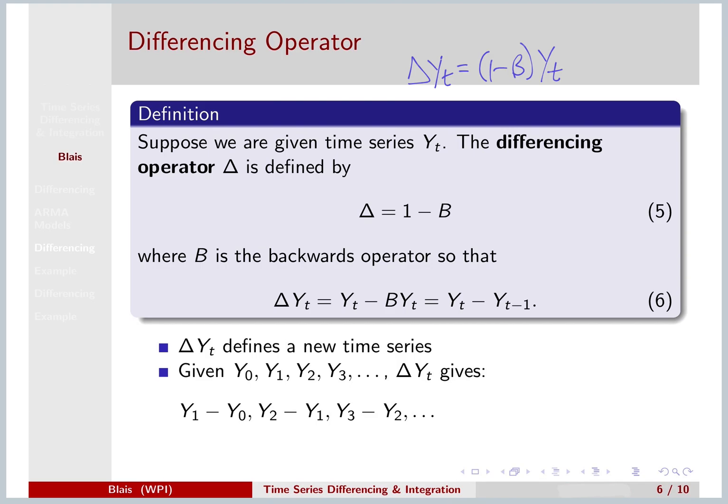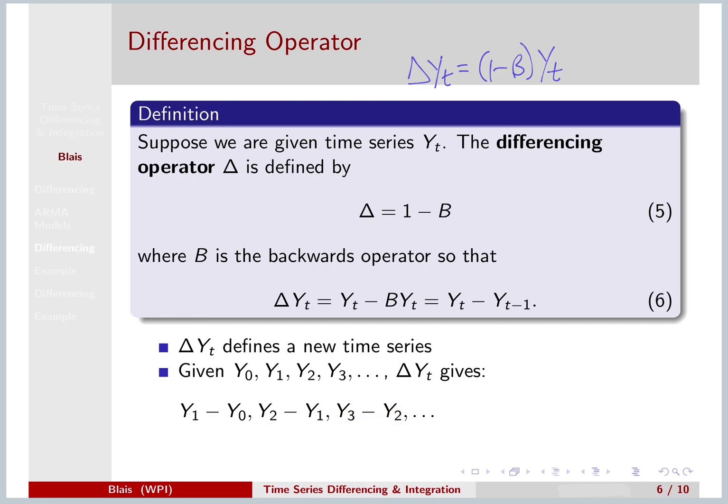So if you were given y0, y1, y2, y3, the way that delta y_t is defined is you're taking adjacent entries in your time series and taking their difference. So the first entry in the time series of delta y_t would be y1 minus y0. The second entry would be y2 minus y1. The third entry, y3 minus y2, and so on and so forth.